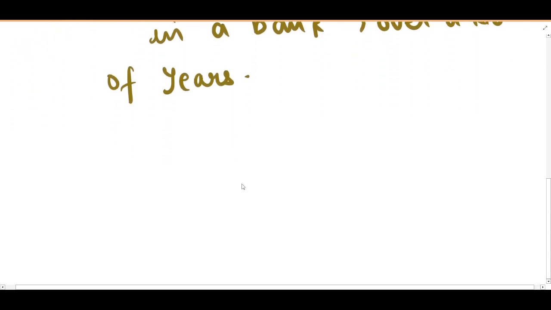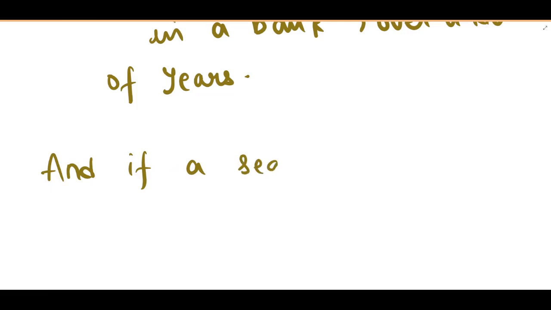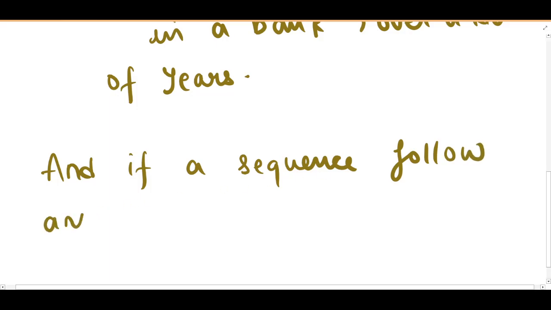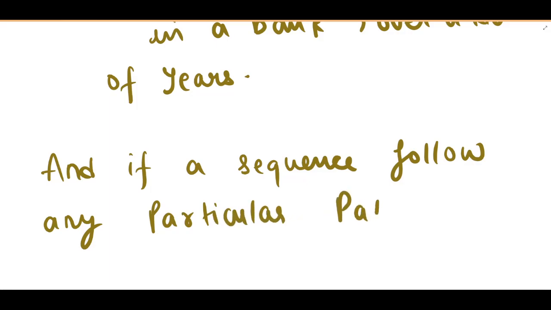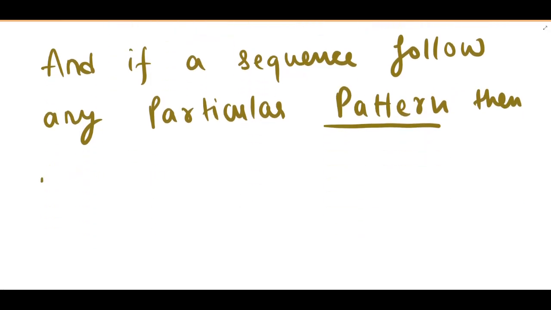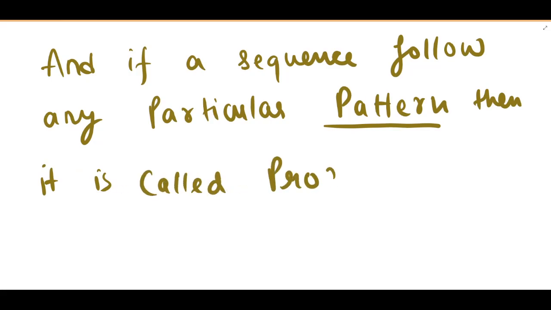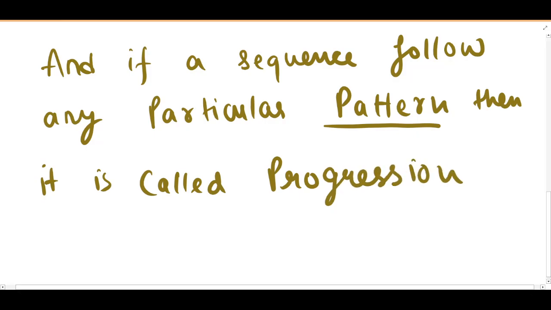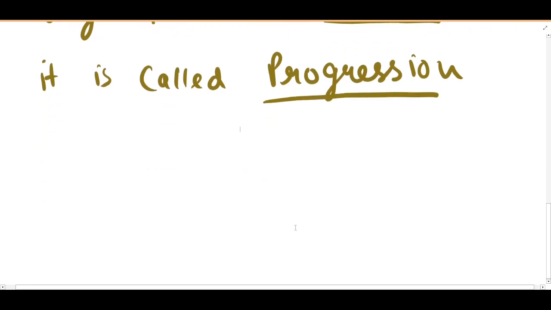And if a sequence follows any particular pattern, then it is called a progression. So progressions are of two types.